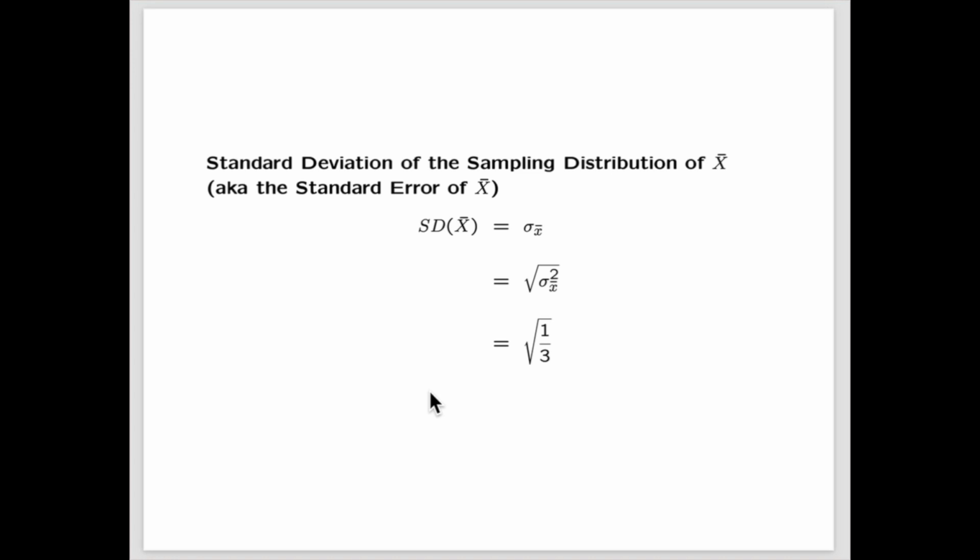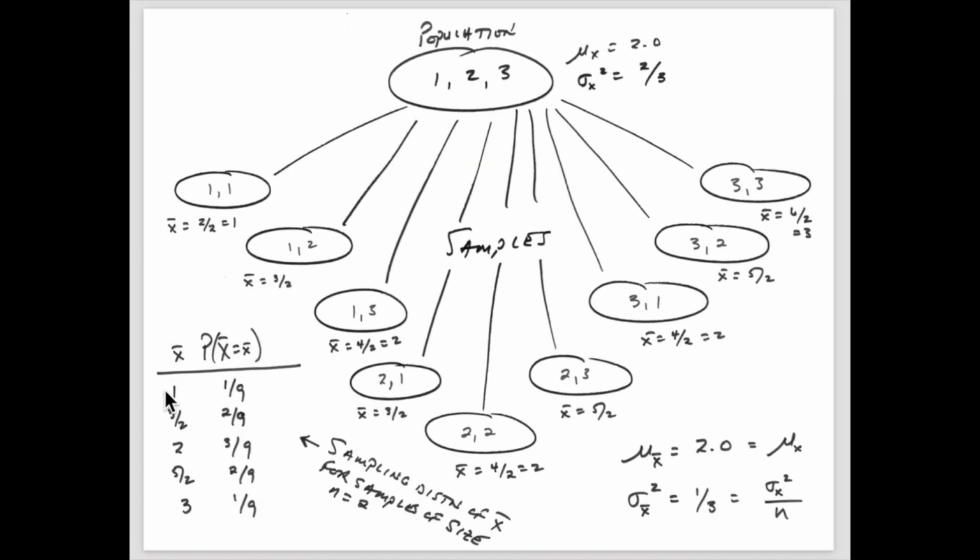So the standard error of X bar, also known as the standard deviation of the sampling distribution of X bar, is the square root of 1/3. Those are the calculations that we performed using the sampling distribution of X bar.